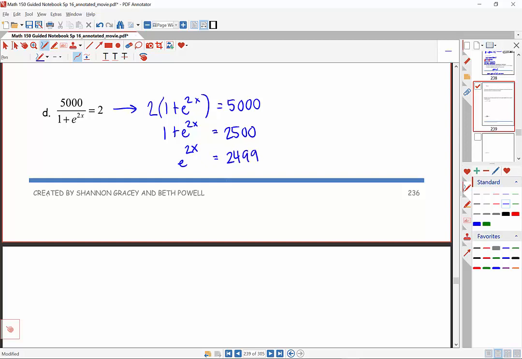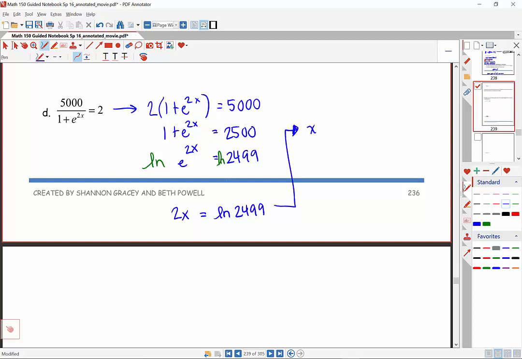And so now what do you think we need to do? We need to get that power as a factor, right? To do that, we can take the natural log of both sides, and we end up with 2x on the left side is equal to natural log of 2,499.